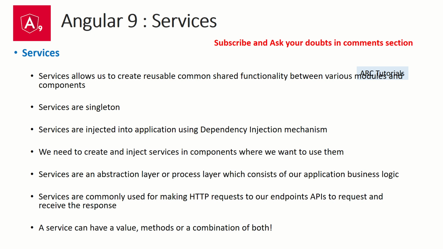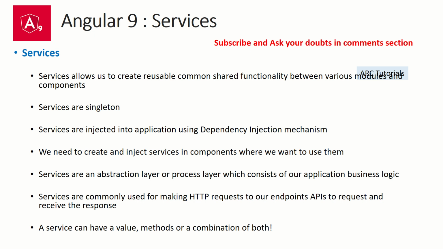Services are singleton, which means they are injected in a particular component that requires it. We learned that this mechanism, we call it as dependency injection. Using dependency injection, we inject the services into the component at runtime. Services are an abstraction layer or process layer which holds your business logic.